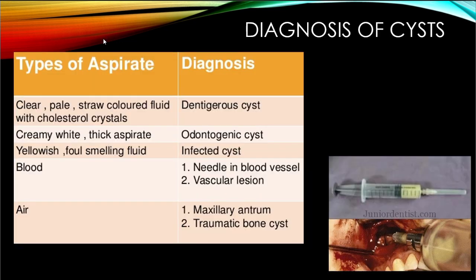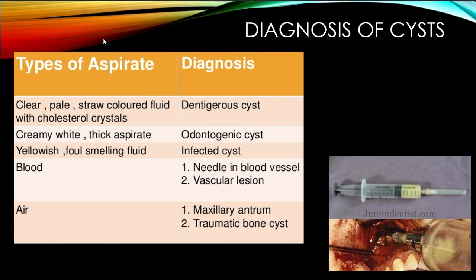Sometimes the fluid that we aspirate can tell us the type of the cyst. If it's cheesy material, creamy white, it's most likely a keratocyst. If it's clear, pale, straw-colored fluid like apple juice, it's a dentigerous cyst.